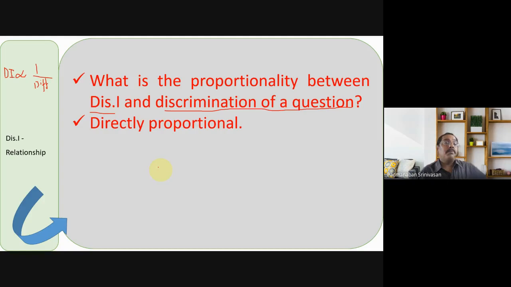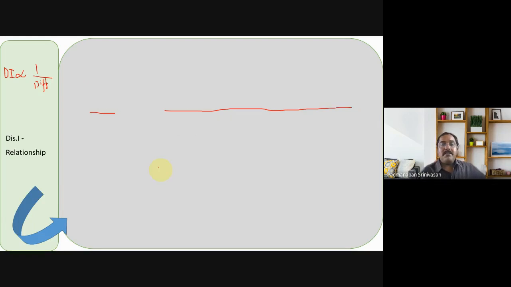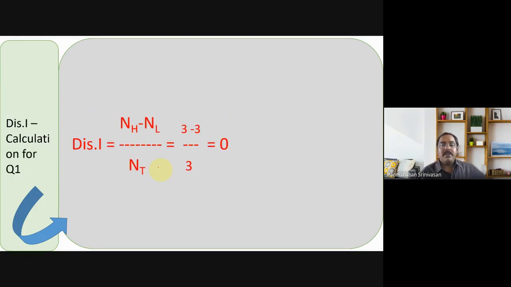This is directly proportional. If your discrimination index is more, discrimination is more. So which means we have two values. If the discrimination index is 0, this question is not at all distinguishing the high and low performer.